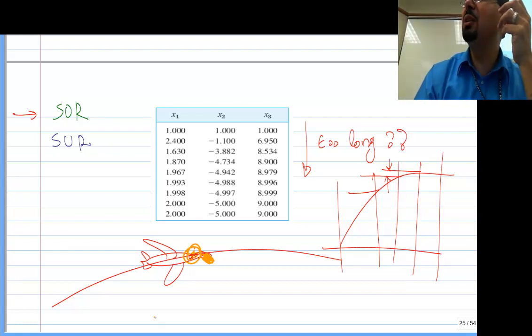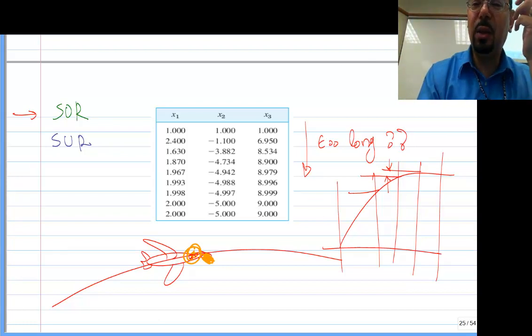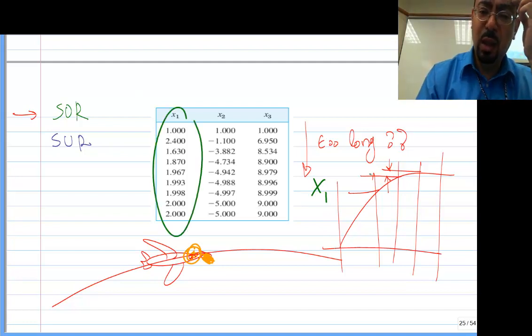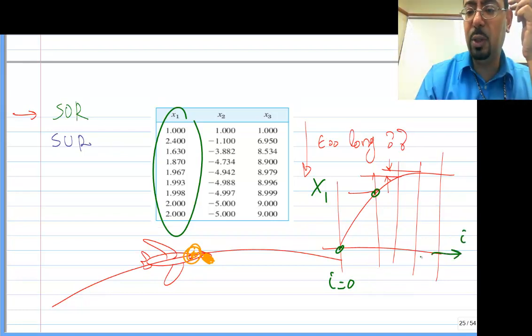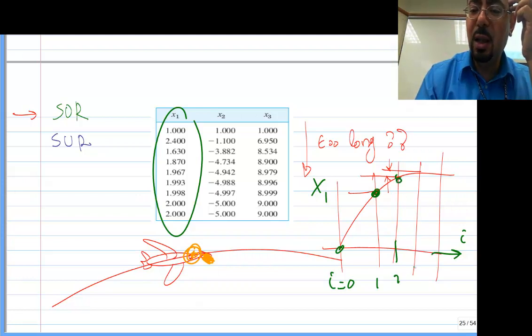What do we do in Gauss-Seidel? Let's say I'm plotting here for you x1. This is x naught, the iteration zero, the initial guess. We started with 0. And I'm plotting here the number of iterations. At 1 he ends up with this, at 2 he ends up with this, at 3 he ends up with this.